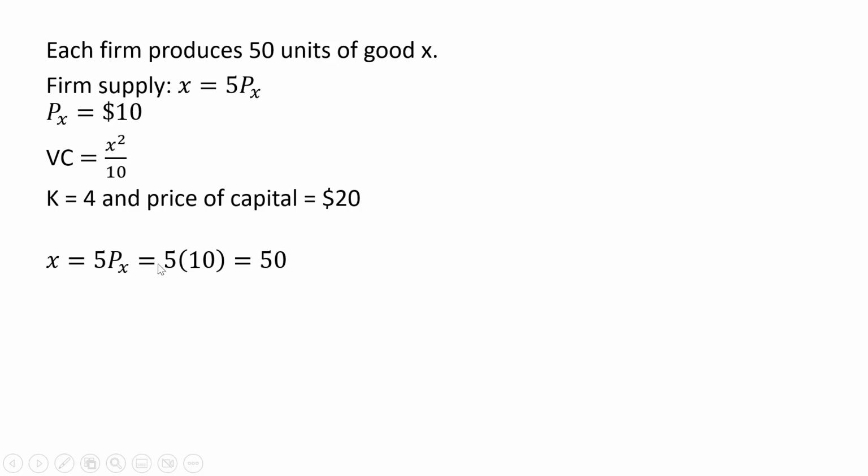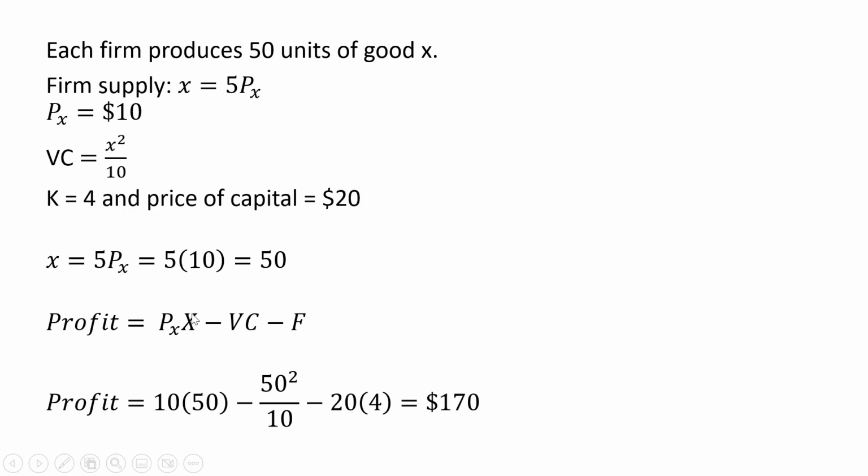To get the individual firm's profit, we're going to do the price times the number of units for the individual firm. So 10 times 50. And then we're going to subtract out the variable cost for the individual firm, which is going to be 50 squared divided by 10. And then subtract out fixed cost, the price of capital times units of the fixed capital. And we get a profit of $170 for the individual firm.